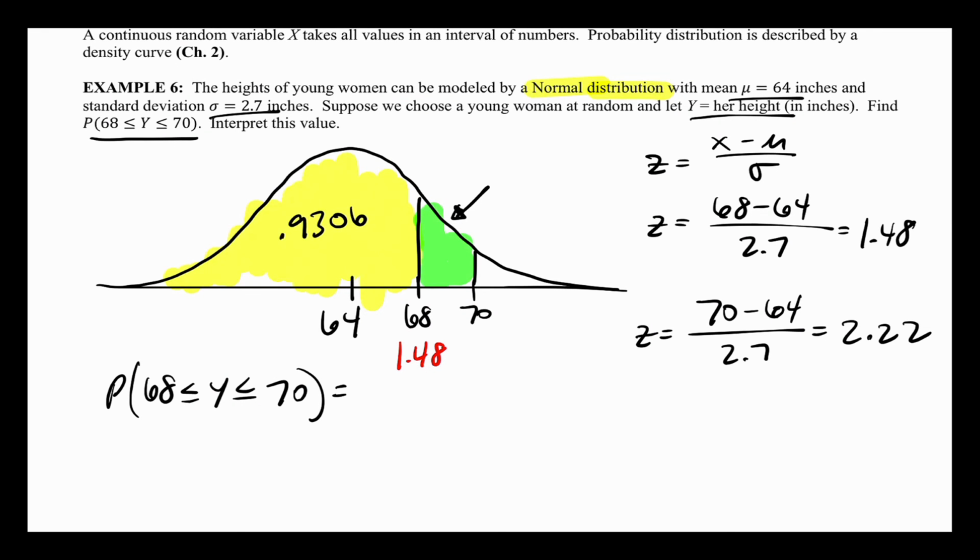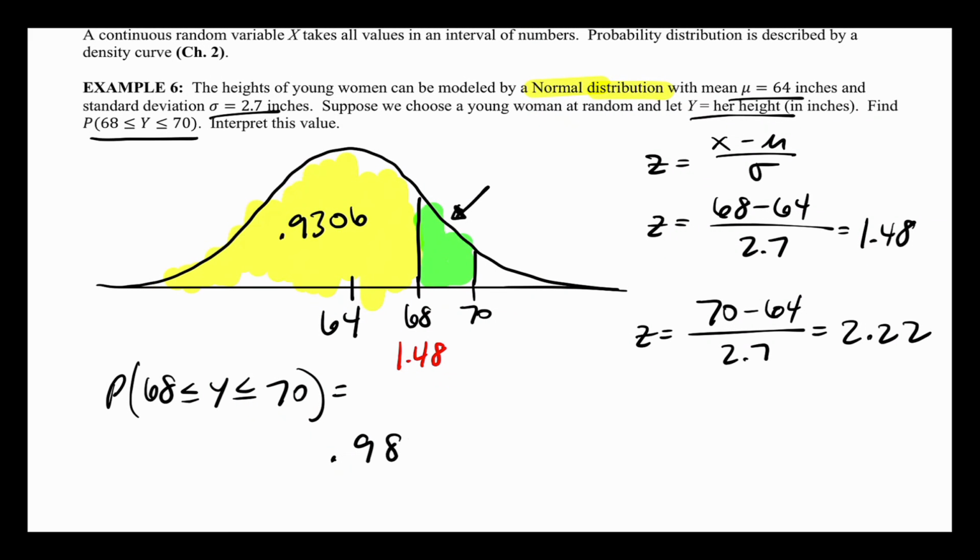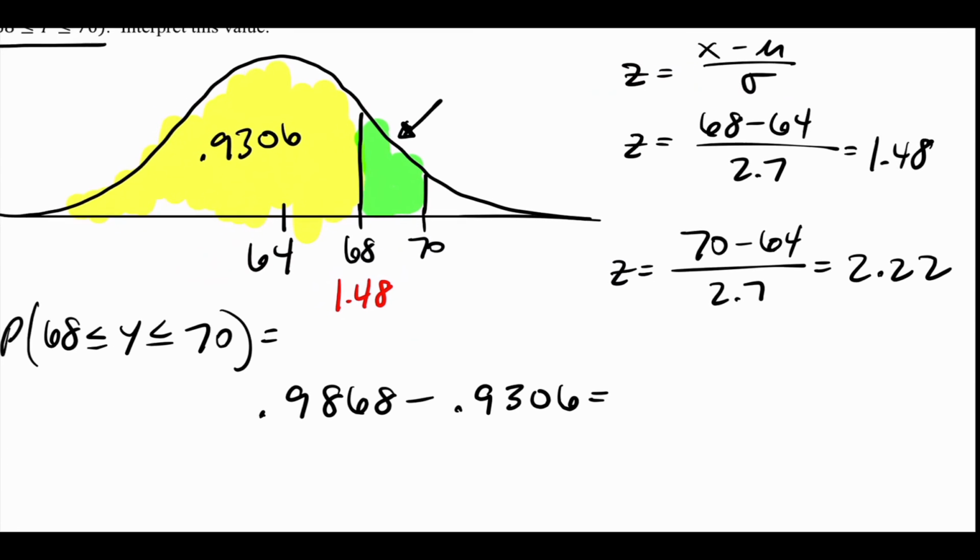So is that my answer? 0.9868? No, that is the yellow and the green. So I have the yellow and the green. What do I do? Subtract them. Good. So it's going to be 0.9868 minus the yellow. And that'll give me the green.